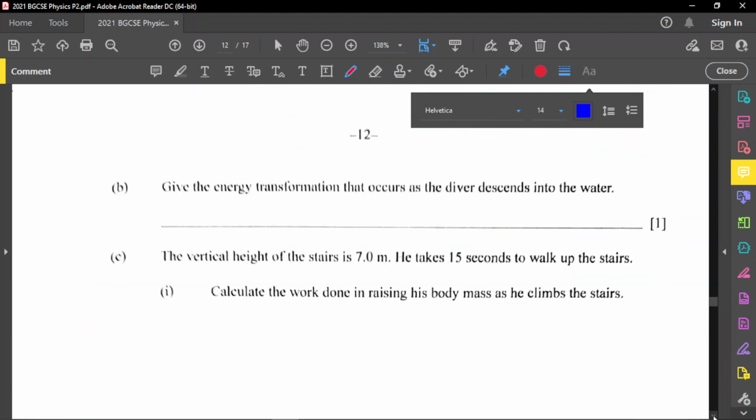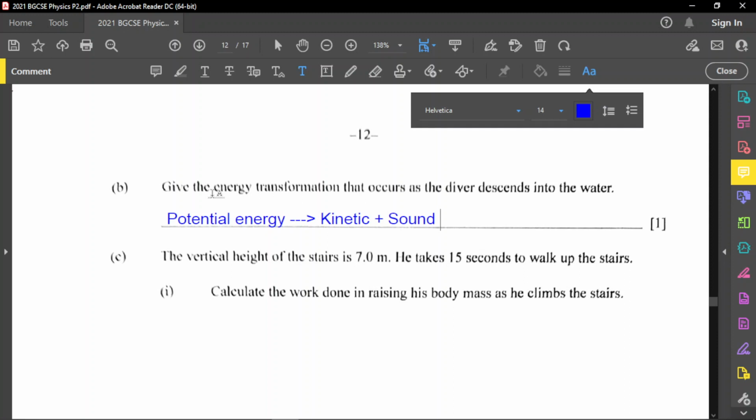Next part of the question is to give the energy transformation that occurs as the diver descends into the water. So on top, remember he has potential energy. Coming from the top, this potential energy is converted to kinetic energy, and also sound, because some sound would be given off by the splashing of the water.